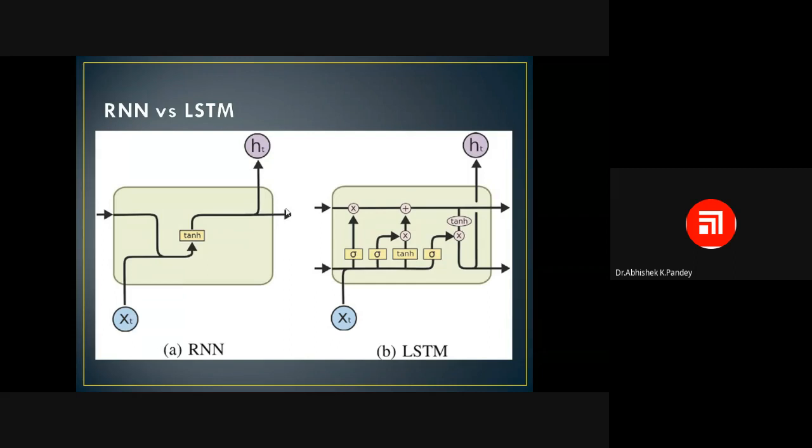Similarly, RNNs remember the previous information and use it for processing the current input. So the current, previous and future situations can be synchronized. Otherwise, there is no point of using it.